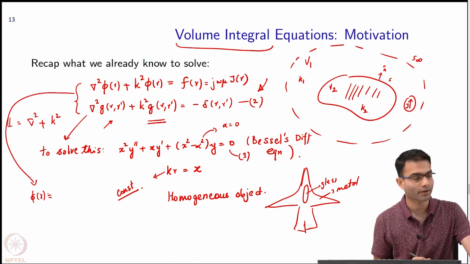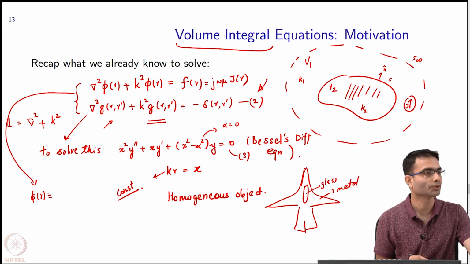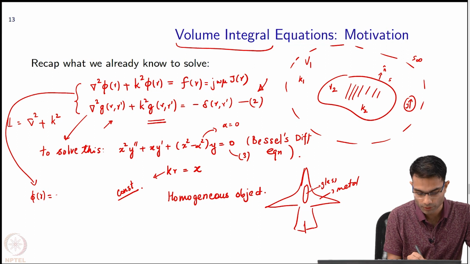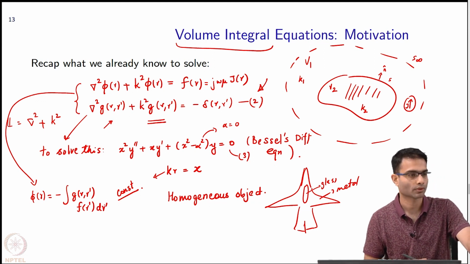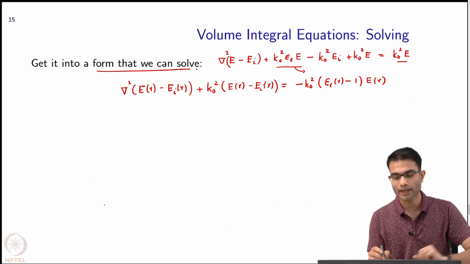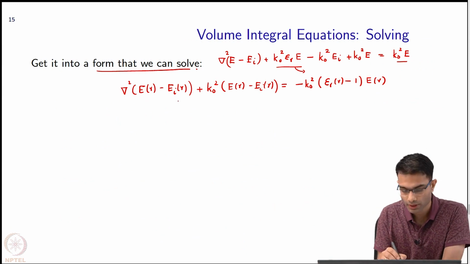Combining these two equations, I can write phi in terms of f and g as the convolution, and that convolution was minus g of r prime f of r prime dr prime. Now we can make use of that for solving this equation.